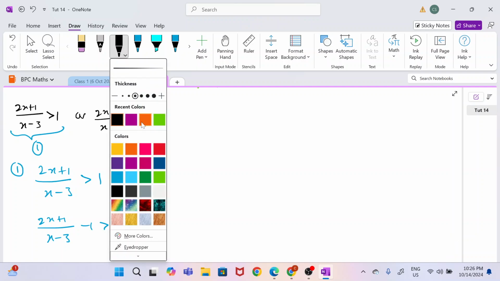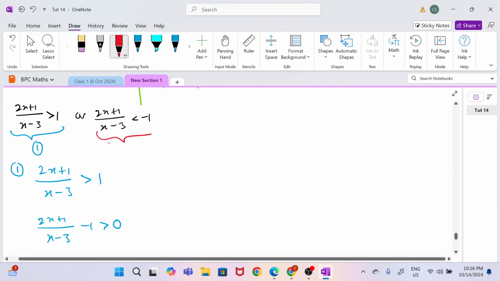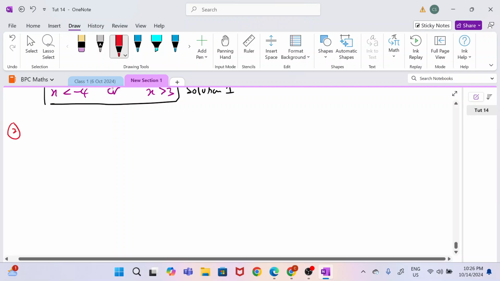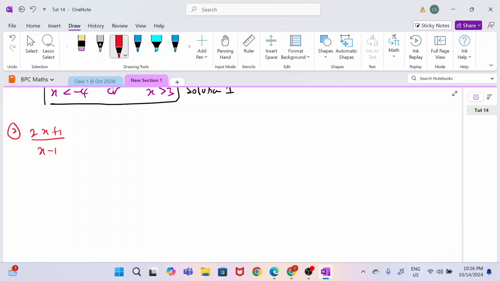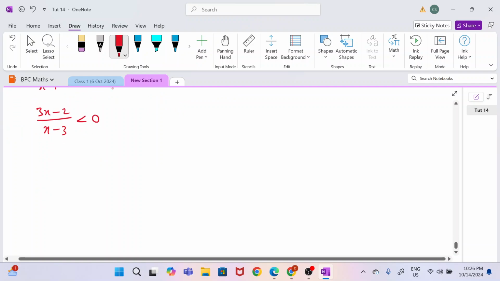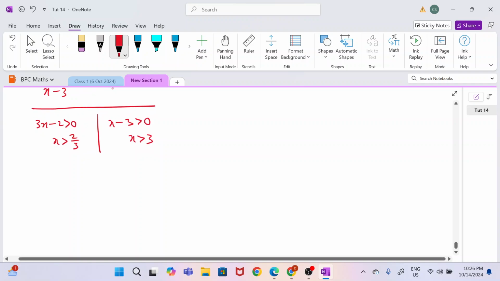Now we are going for the second inequality. My second inequality is this one. If you simplify this, you will end up here, and like this.